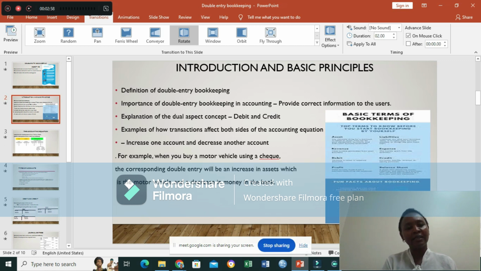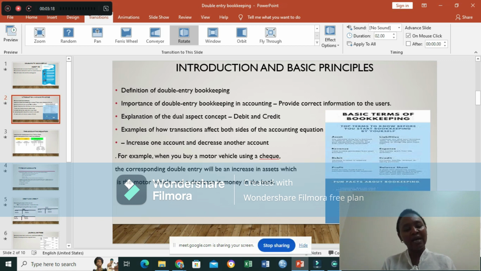To make it simpler, let's take an example of when you go to the shop and you want to buy one packet of unga. When you go to the shopkeeper, you will give the shopkeeper your money to get a packet of unga. You will have increased your unga.